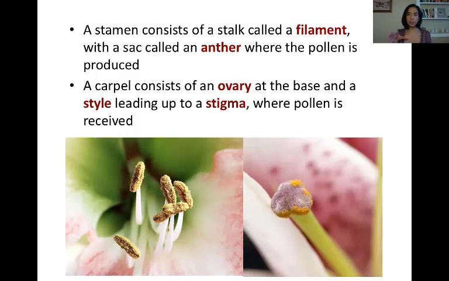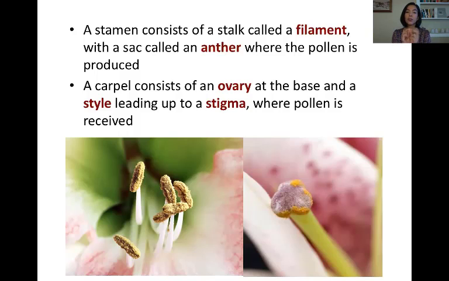But regardless of the vector, the pollen will land on this stigma, and in this area, there are specialized cells that hydrate this pollen, and they also have some molecules that allow the pollen to grow.